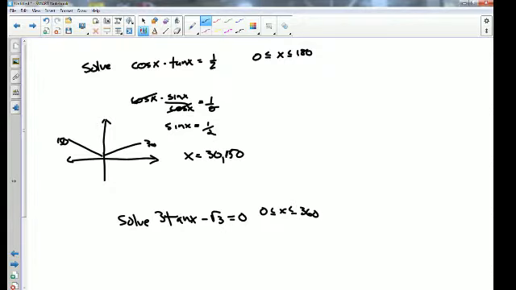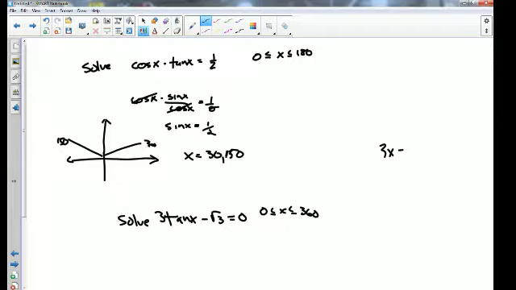What you got? What's your first thought? Okay, sine. Don't need to go that far. We're going to solve this as an algebra equation. Yeah, add root 3.